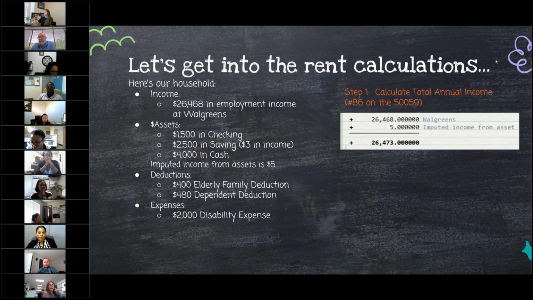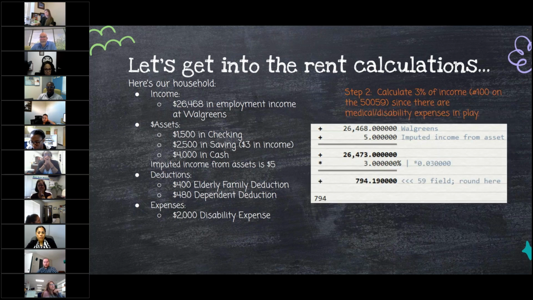So our step 1 is to determine that total annual income. That's the Walgreens employment plus the $5 from imputed income from assets. Gives us $26,473. Step 2, in order to get into that disability expense, we're going to calculate what 3% of the household's income is.